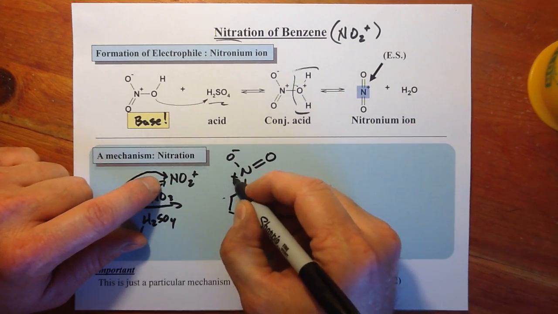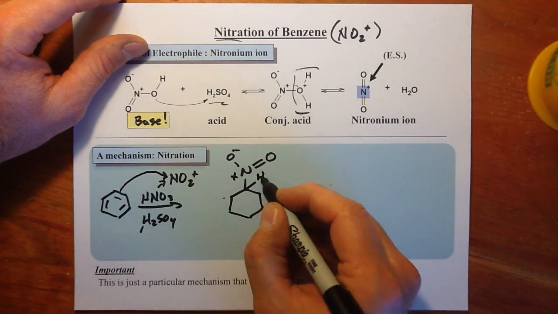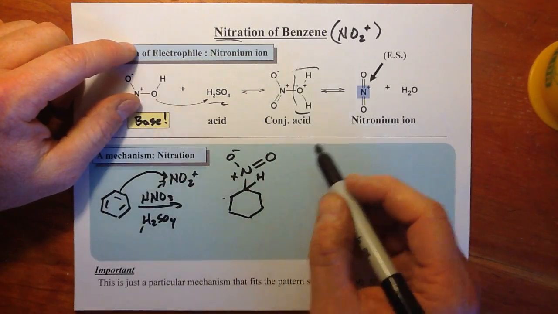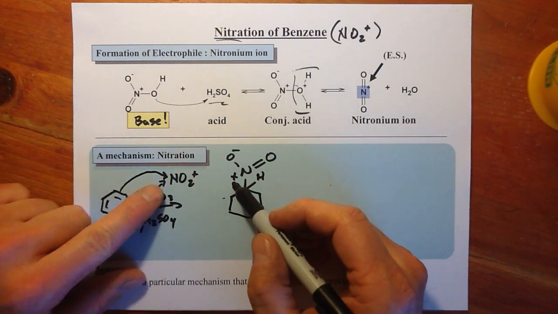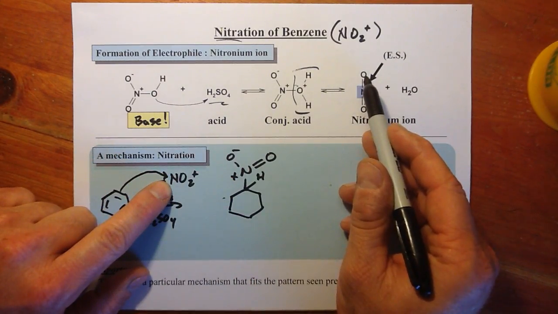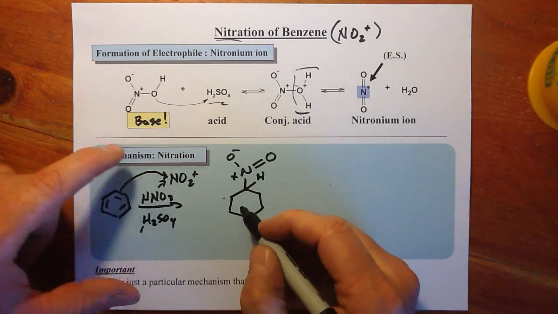But of course we would have a positive charge on the nitrogen, because we have 4 bonds on that nitrogen. We just replaced a pi bond with a sigma bond. As we attacked the nitrogen, we took one of the pi bonds up to the oxygen to make room, and we replaced it with a sigma bond to that nitrogen.